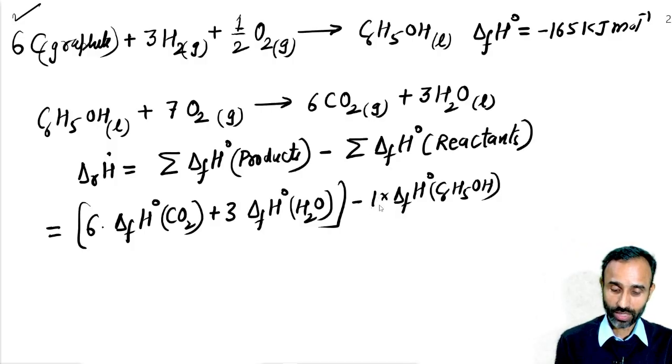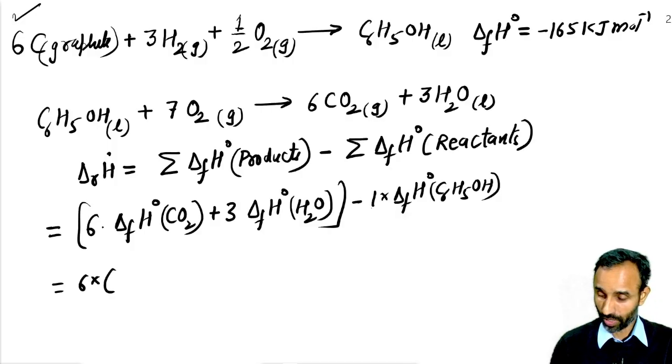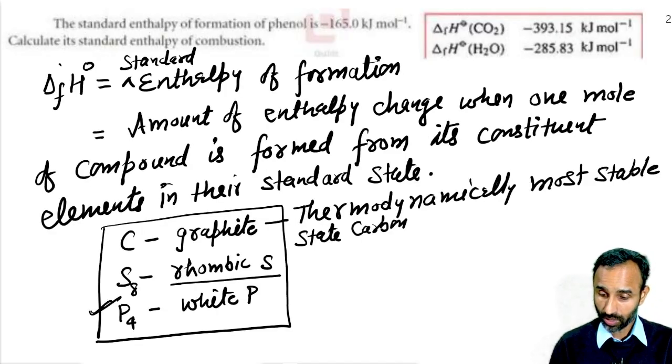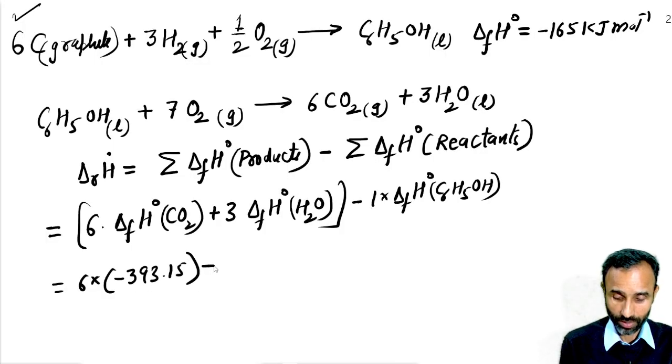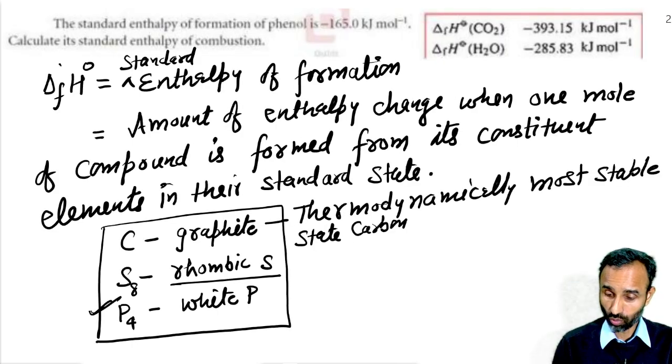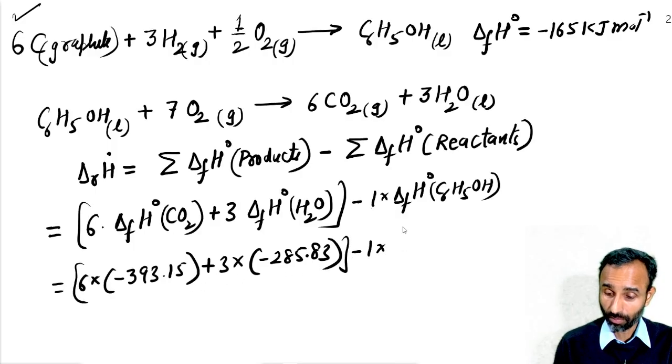So it is now 6 into minus 393.15 plus 3 into minus 285.83 minus 1 into minus 165.